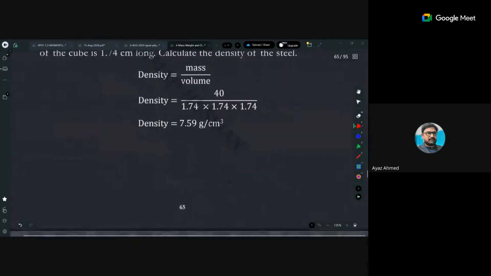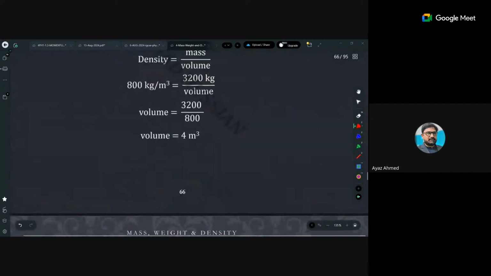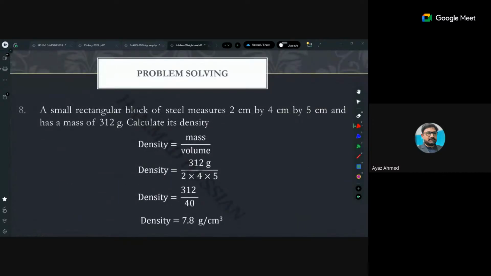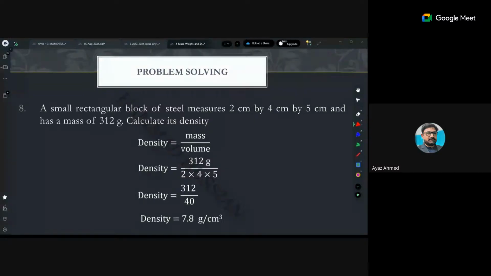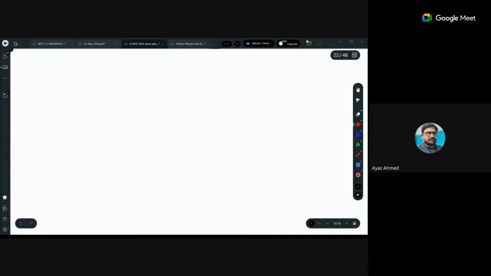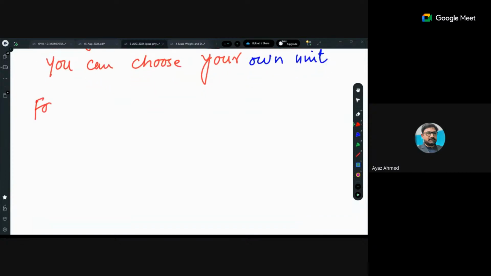One area is left: how you will measure the density of different objects which are irregularly shaped. For density, I told you that first you have to calculate the volume. Okay? Yes, we were here. So for density measurements.